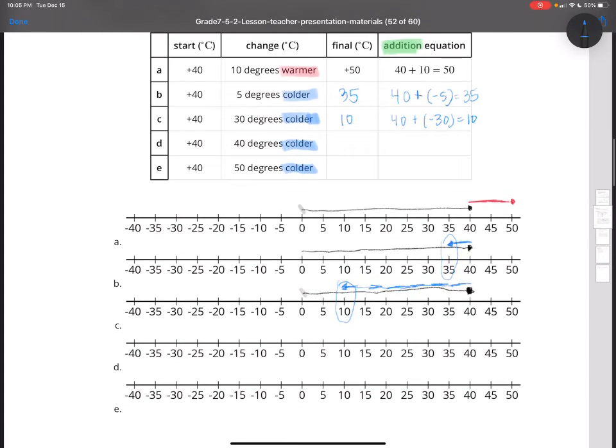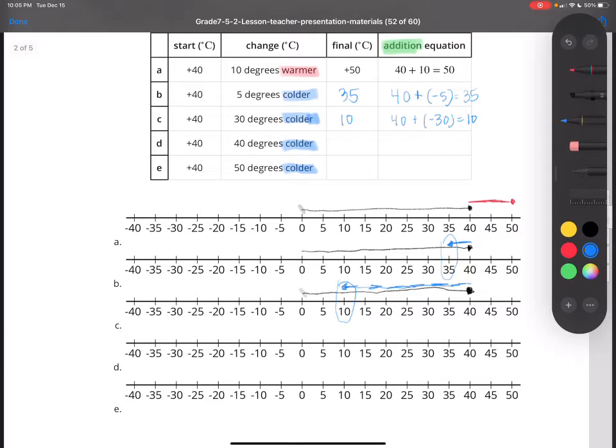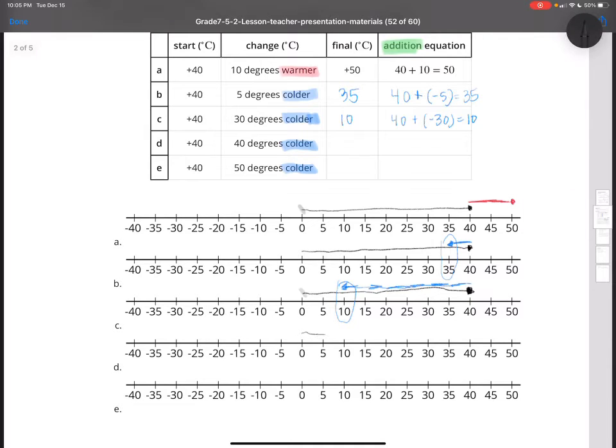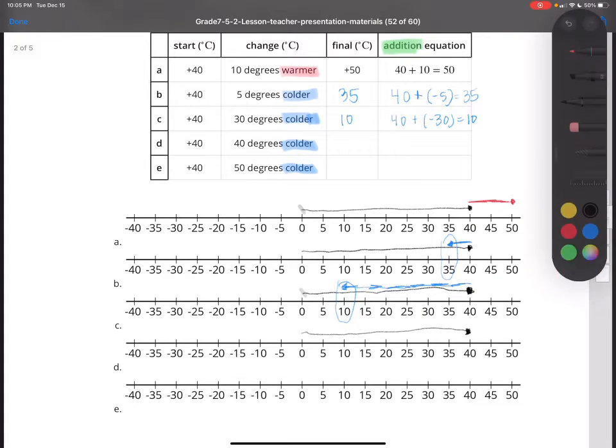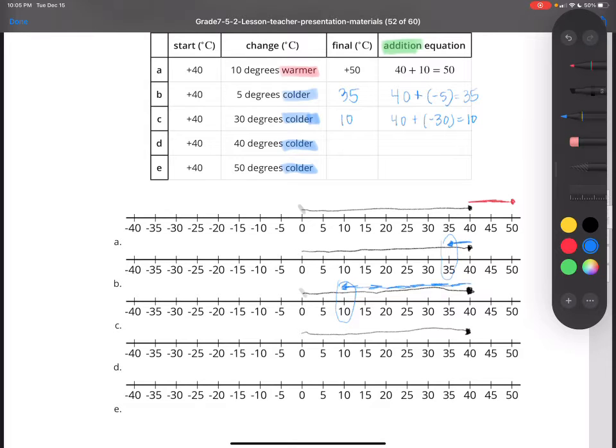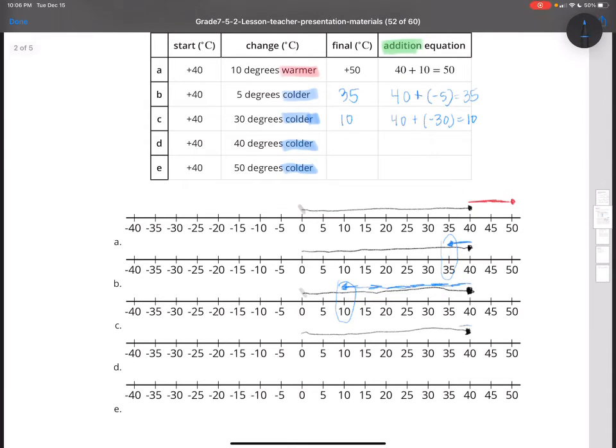All right, let's move on to the next one. The next one is going to say, okay, we're starting off at 0 again. It's just like a game board. 0 is like start. Going all the way to 40. And then it got 40 degrees colder. And remember, we're going in the left direction.